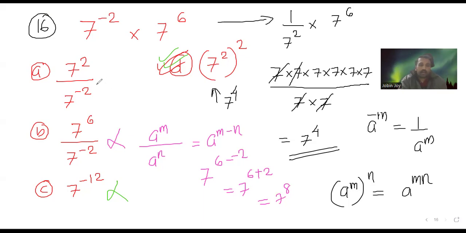So the final option is option A. Option A is again a raised to m by a raised to n form, so a raised to m minus n. That means 7 raised to 2 minus minus 2. Minus into minus is plus, that means 7 raised to 4. So the answers are option A and option D. Option A and option D are the correct answers.